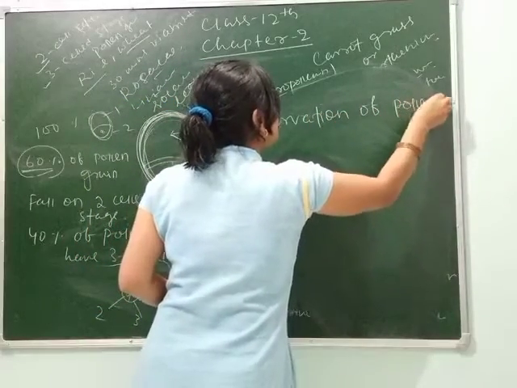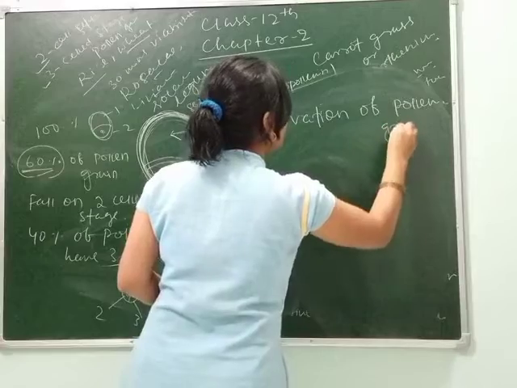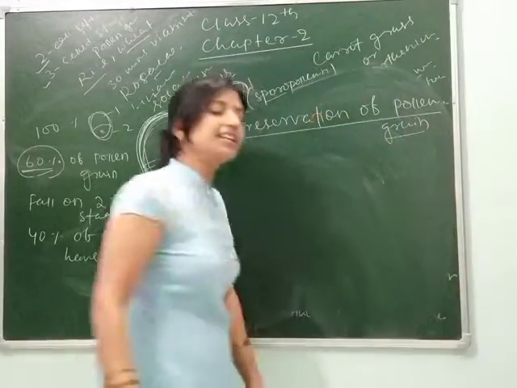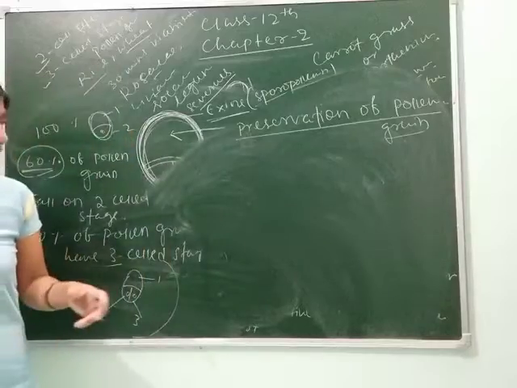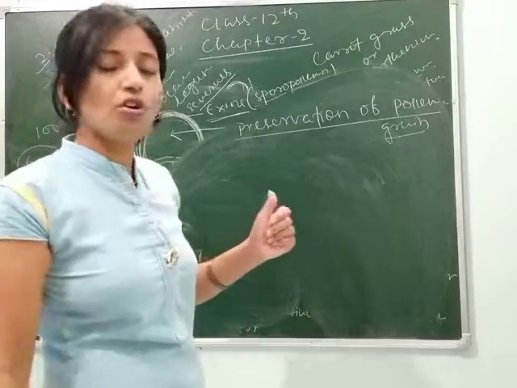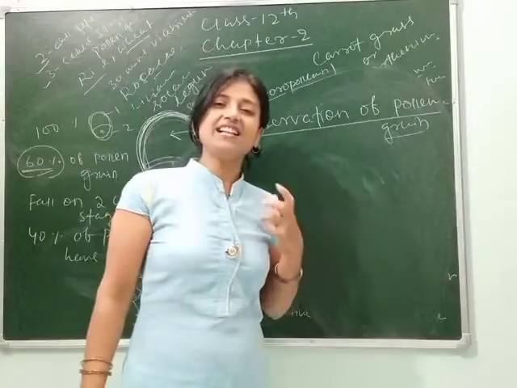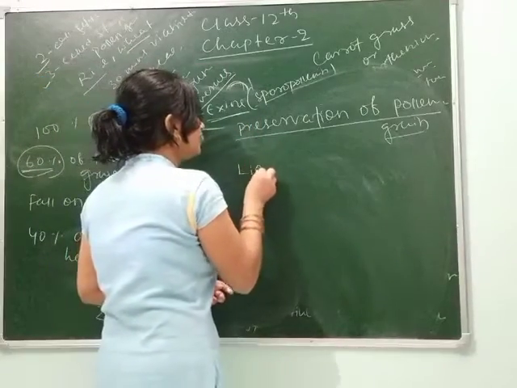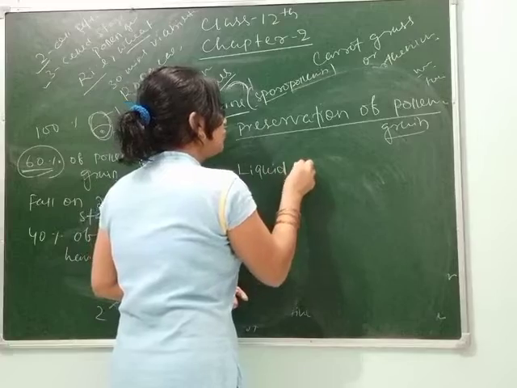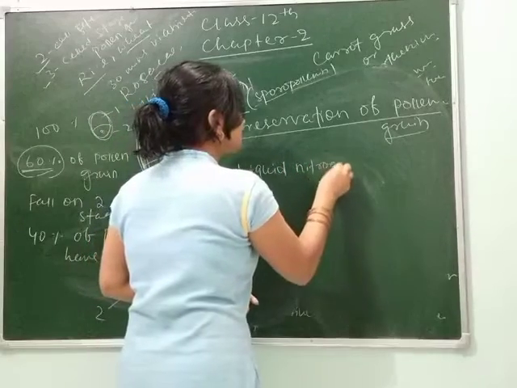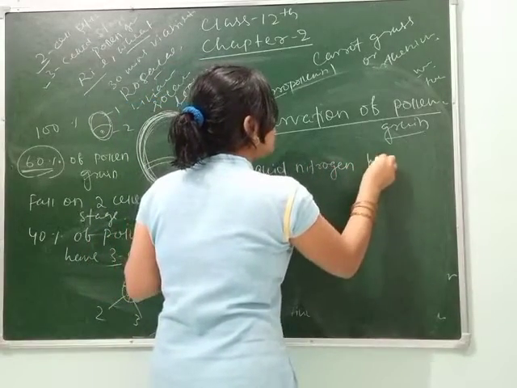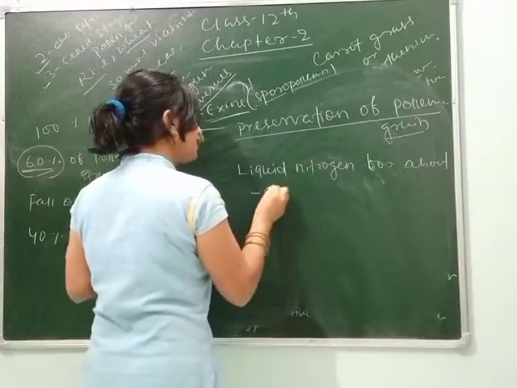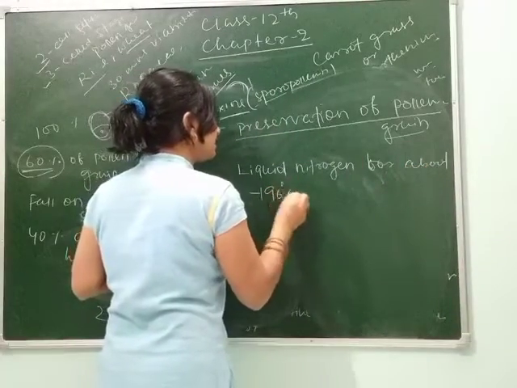What is the importance of preserving the pollen grain? As we know, many species of plants are becoming extinct and endangered, and in the near future they may finish completely. So for that, the pollen grains are collected and kept in liquid nitrogen at about -196 degrees Celsius.